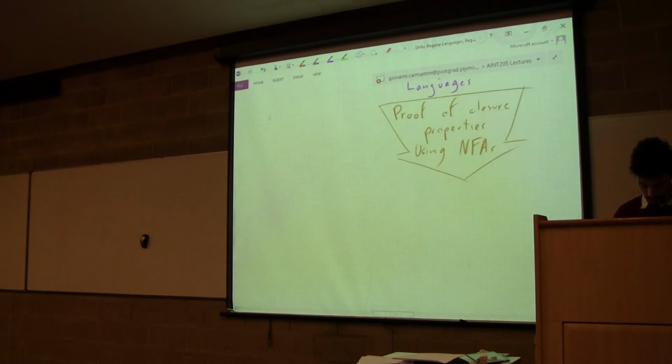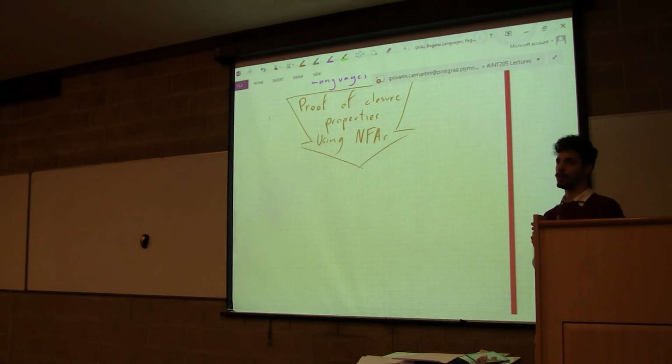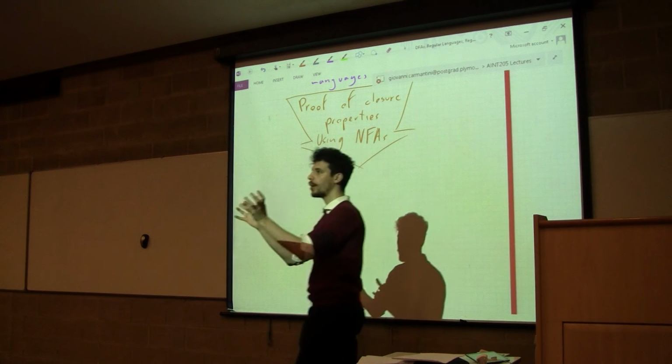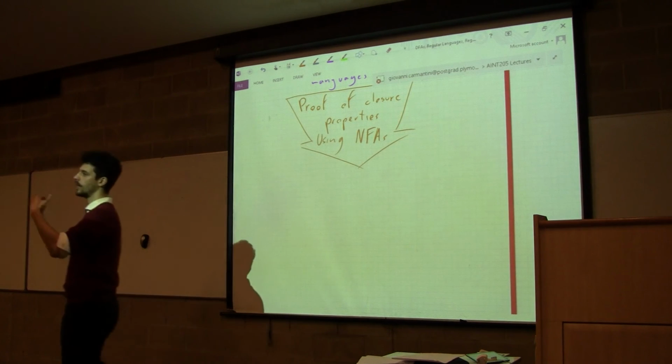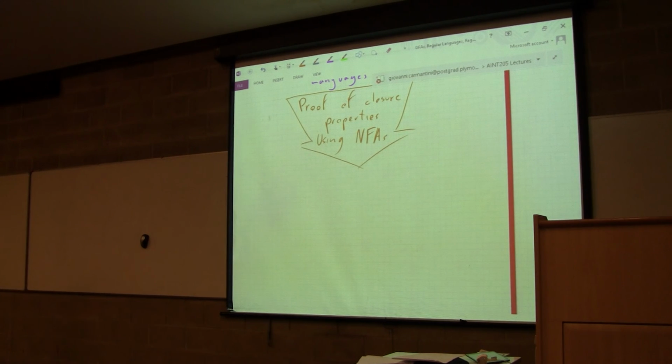So we talked about closure properties, meaning that if you do the union of two regular languages, the result is a regular language. If you do the concatenation of two regular languages, the resulting language is a regular language.